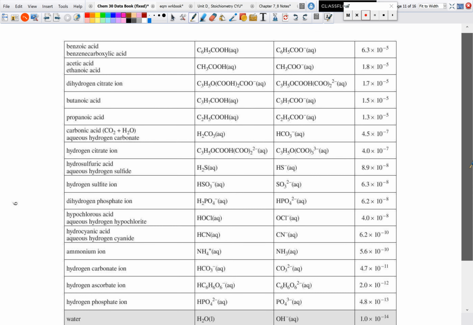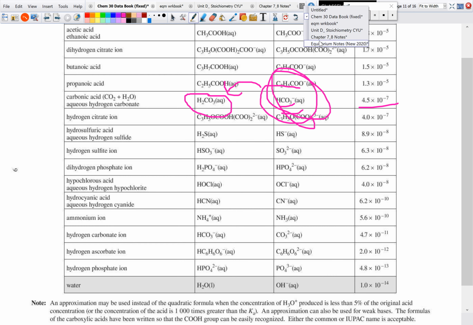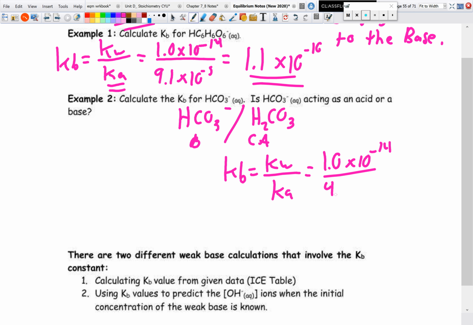And H2CO3 is right here, right? Because this was the base we're dealing with, and this is the conjugate acid. So 4.5 times 10 to the power of negative 7. And we get a value of 2.2 times 10 to the power negative 8.